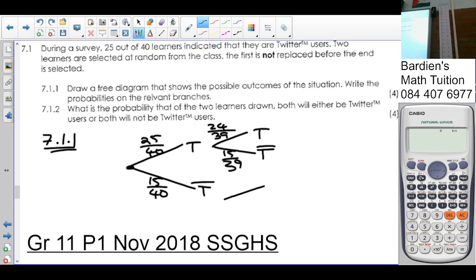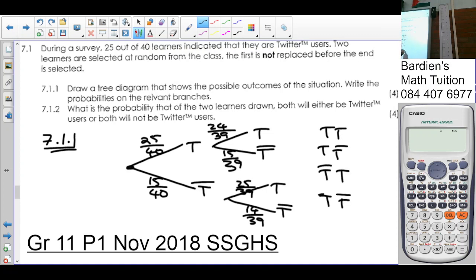Now if the first person you drew was a non-Twitter user, then the probability is 25 out of 39, and non-Twitter users 14 out of 39. Did I ask us to work out the end probability? No. If you wanted to, no problem.